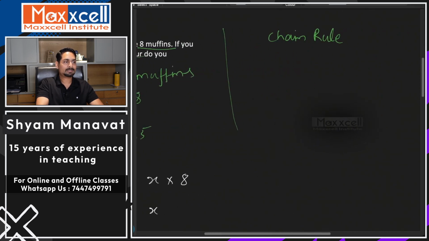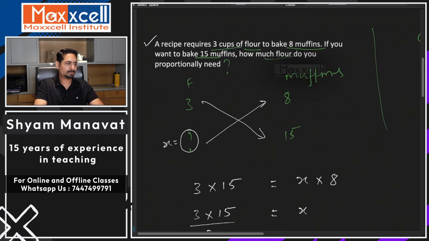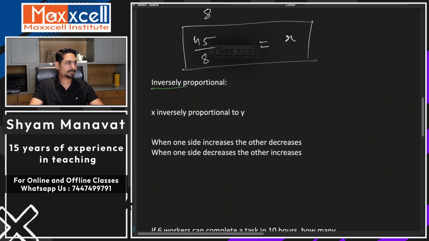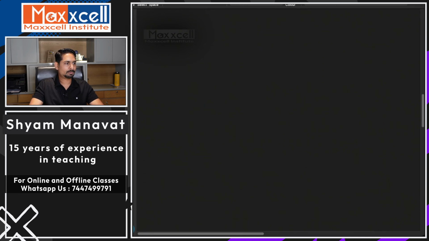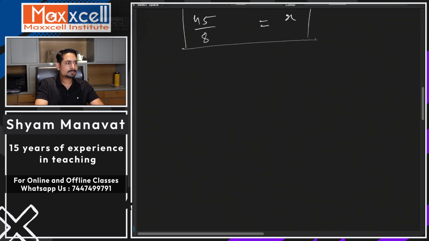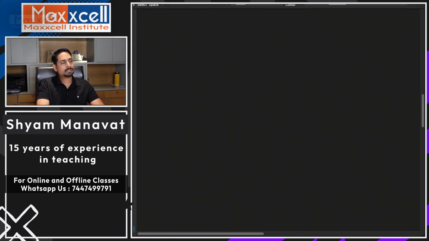So how does chain rule work? Let me give you one more example. Let's say you require 5 cups of flour to prepare 8 muffins.